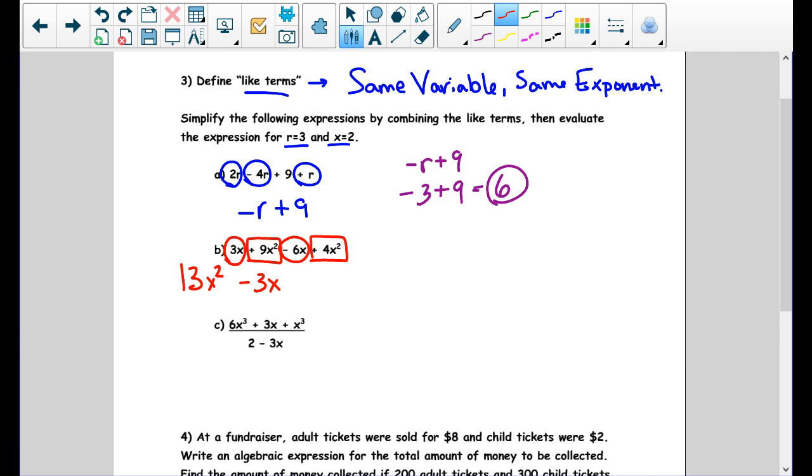So again, then we can plug in my 2 because x equals 2. So now I have 13, and wherever there's an x, you probably want to put parentheses in there. So 13 times 2 squared minus 3 times 2.